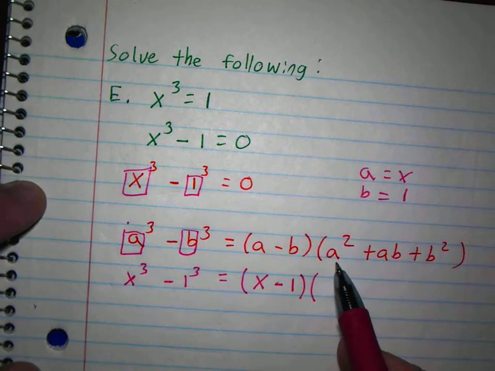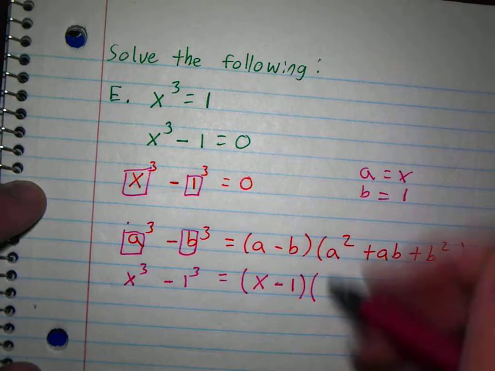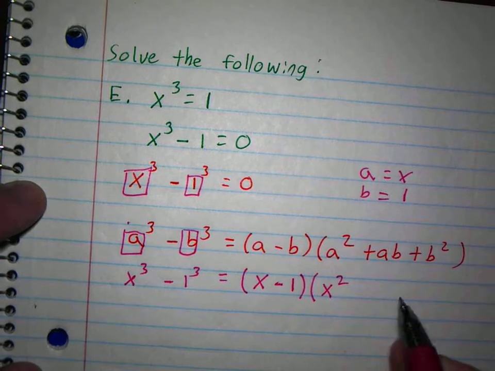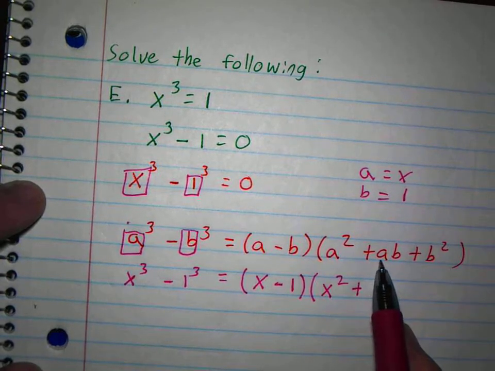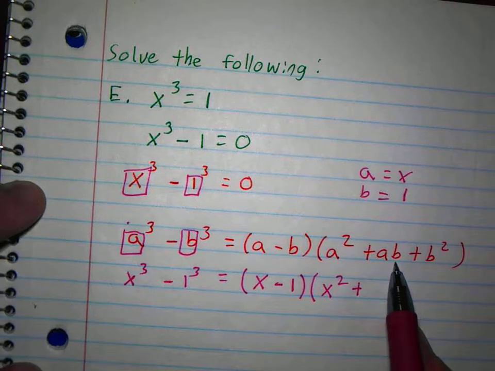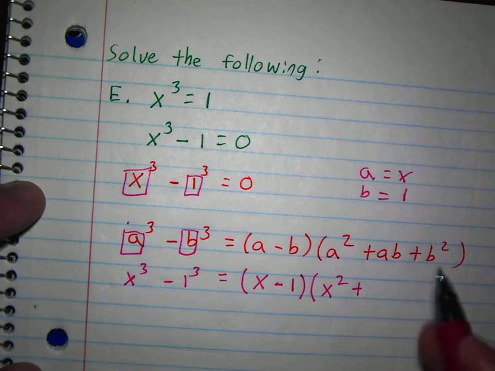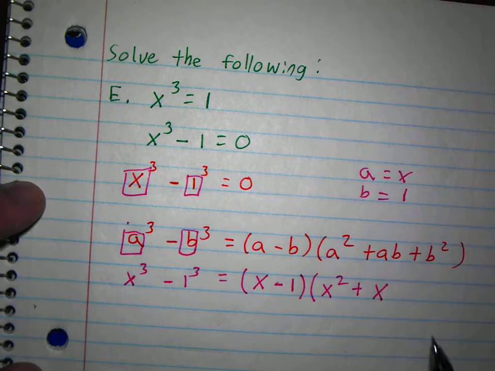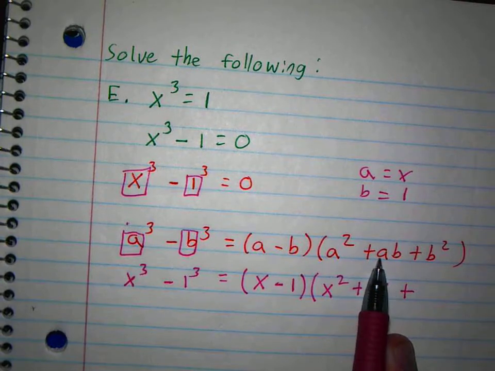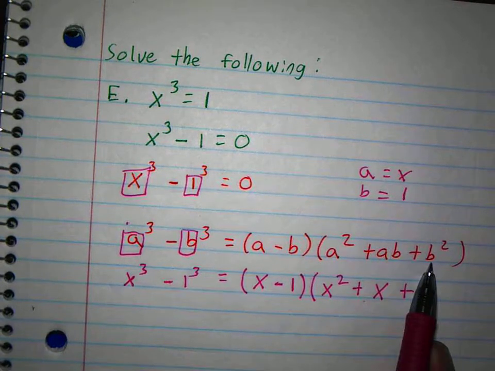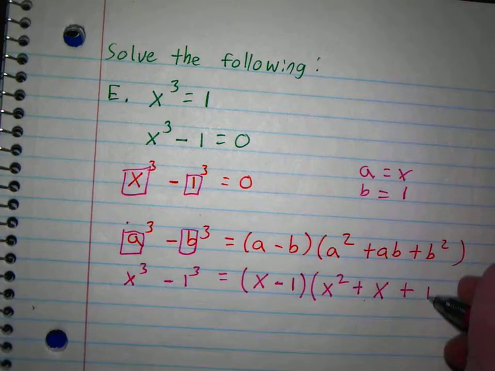And what's A? X, so it'll be X squared. And then I have to do plus, what's A? X, B is 1. What's 1 times X? Just X, or 1X. And then plus B squared, B is 1, 1 squared is 1.